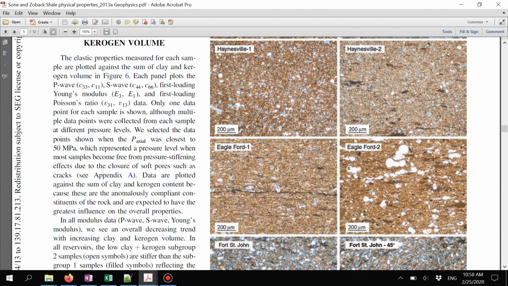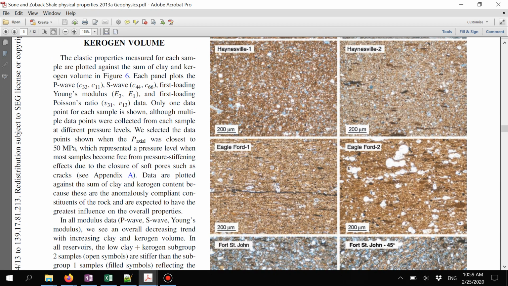In this case, I'd like you to pay attention to this picture, Eagle 4, number 1. You can observe the minerals, which are mostly, this is a thin section, light colors, brown or white. But you can also observe thin layers of dark material. Sometimes there are layers, and other times they look more like lenses.